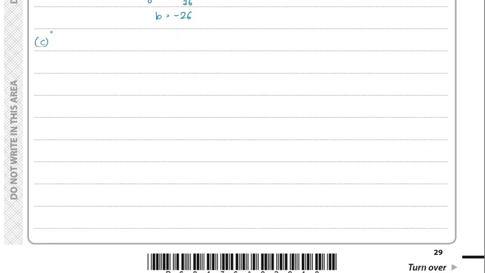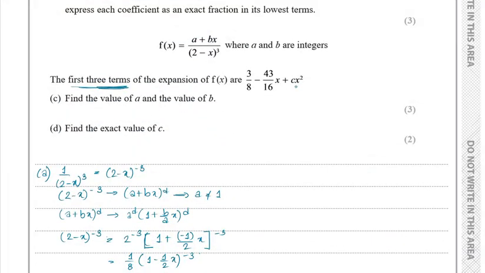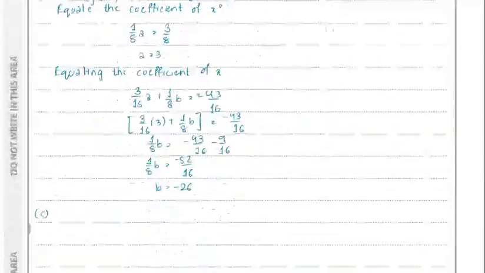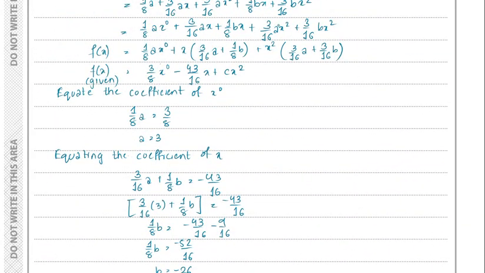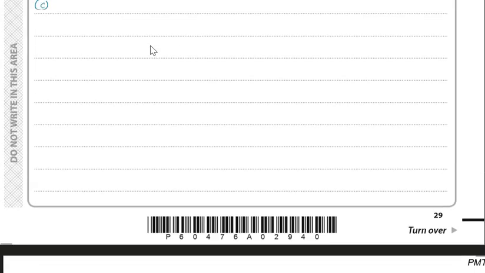Now they have asked us to find the value of c, which is the coefficient of x squared in the given expansion of f(x). What we got from our expansion is that the coefficient of x squared was 3 by 16a plus 3 by 16b.